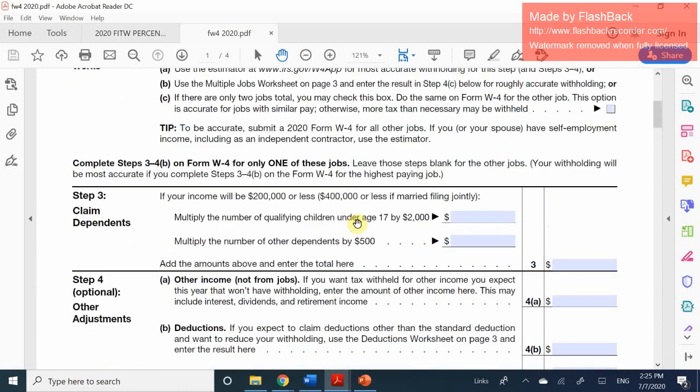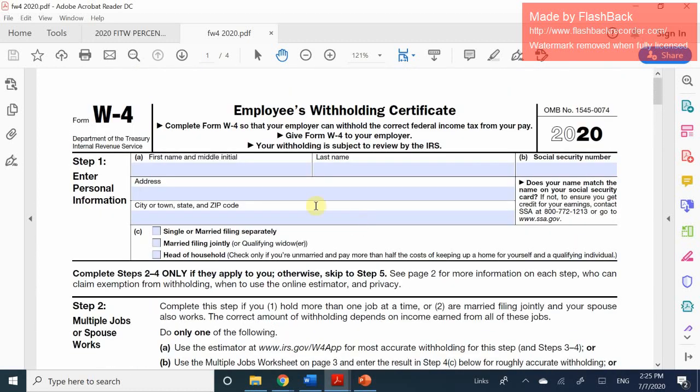The 2020 form is, to me, harder than the 2019 form. If you have seen the 2019 form before, it's pretty straightforward. You just select, yes, I'm single, yes, I have children, yes, I want to claim them, yes, I have all this. And you total it in a box where it says how many total withholdings you have, and it's so much easier to calculate.